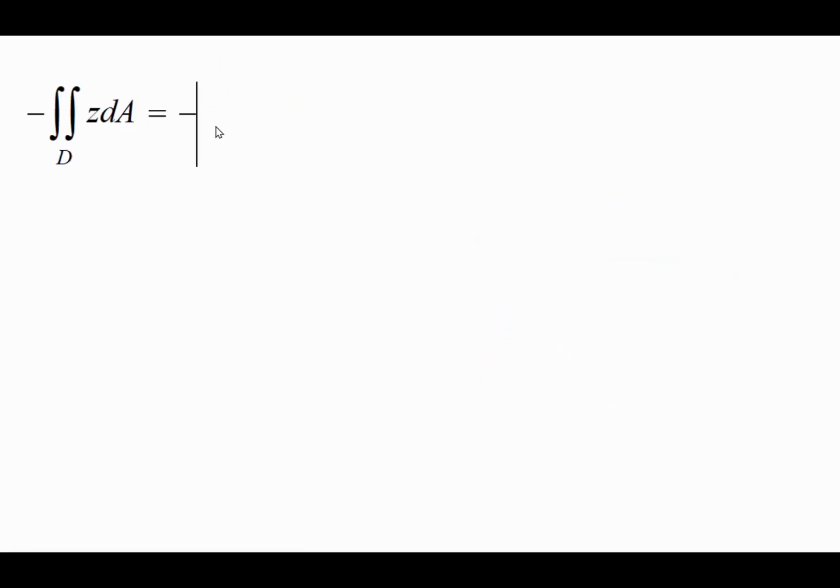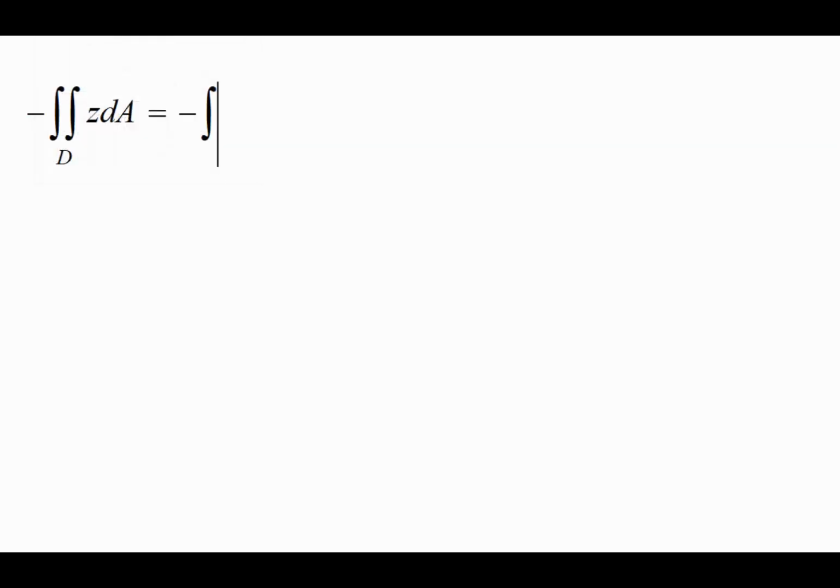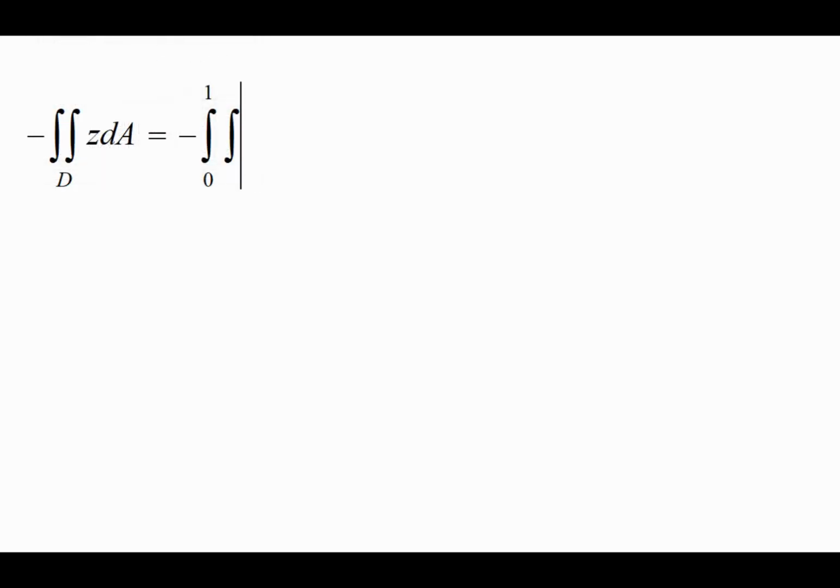So now we are back here. Let me write down the values that we determined in the last part. The limits of x are from 0 to 1. Those of y are from 0 to 1 minus x. Then we are integrating 1 minus x minus y, first with respect to y, then with respect to x.